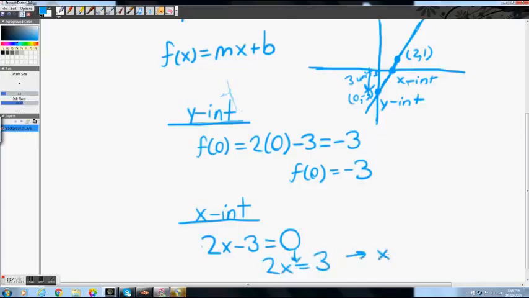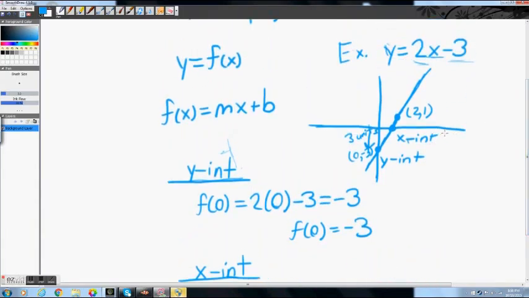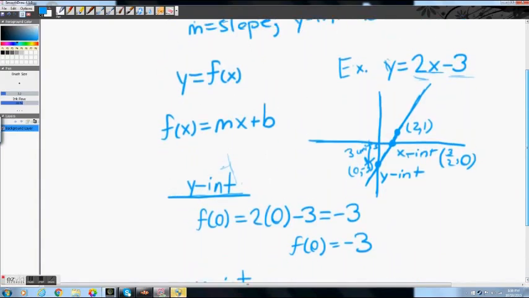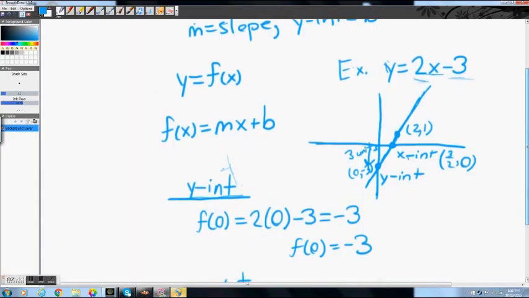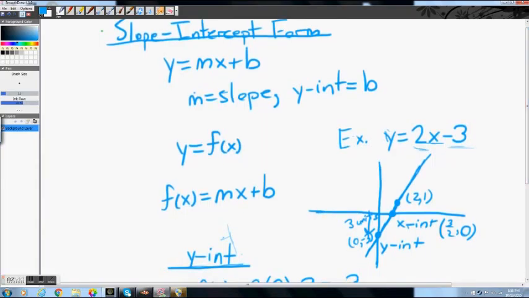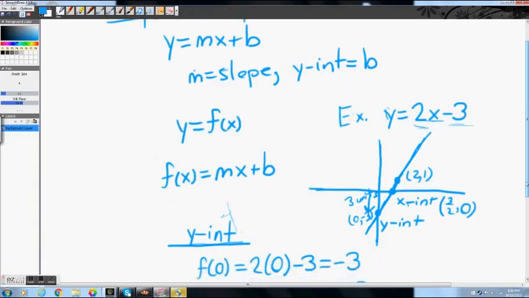We'll solve this equation, and what we'll get is x equals 3/2, and that will be the value of x at which y is 0, and therefore will be our x-intercept. We can determine the graph of a linear function with just 2 points because its slope is constant.